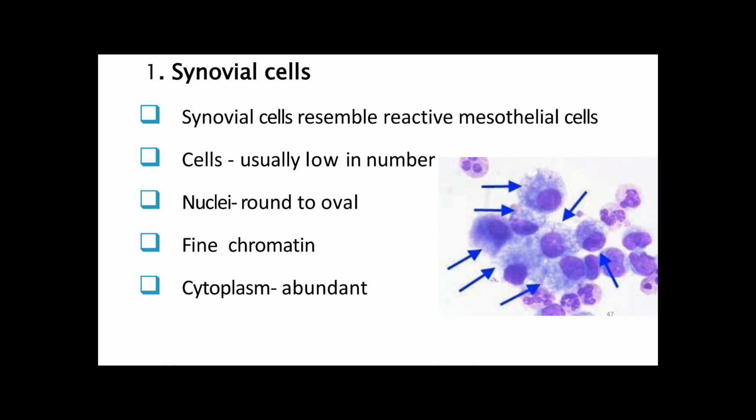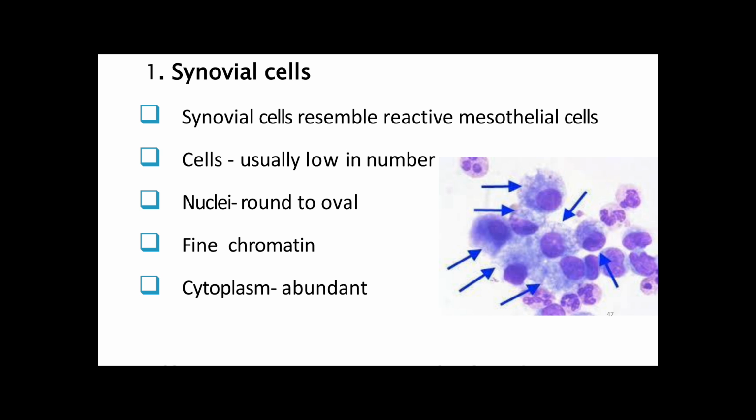So if you suspect any disease or any problem in the synovial area, in your joints, you have to take the synovial fluid and check. If it is normal, you can see the synovial cells. But if it is abnormal, you can see a somewhat larger number or something different.